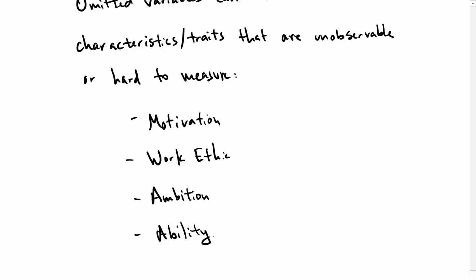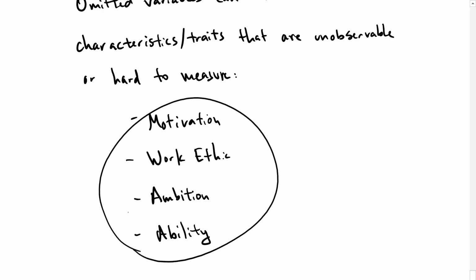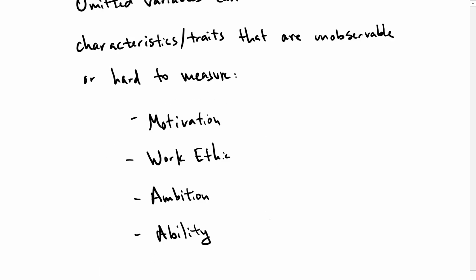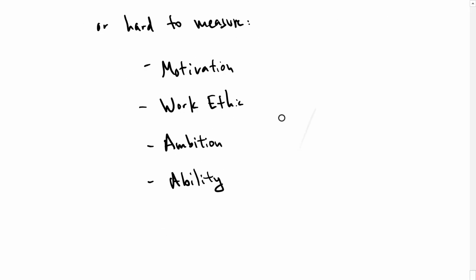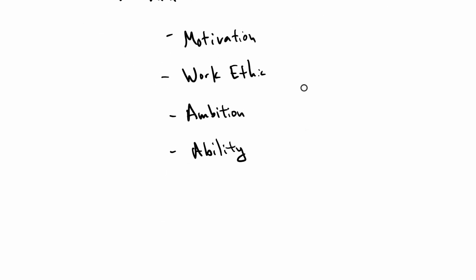We use things like test scores or grades, but those are not going to fully capture the full extent of these types of variables. So unless we come up with really good regression designs, it's going to be hard to find these causal effects because it's hard to control for these unobservable characteristics.